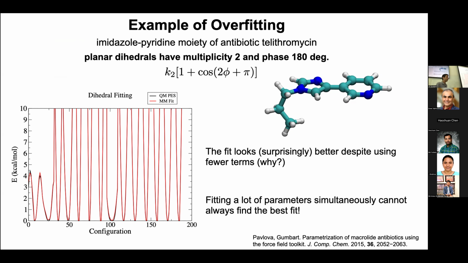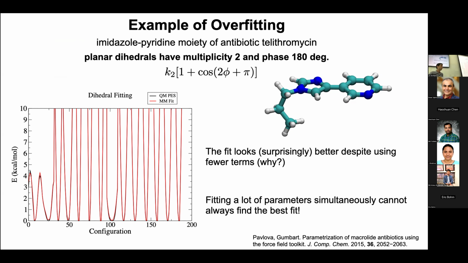So for example, in a given molecule there are multiple dihedrals, many rotatable bonds, and some of them have common atoms. There are separate optimizations for each dihedral with each phase and multiplicity, but then there are other global optimizations across all the dihedrals.